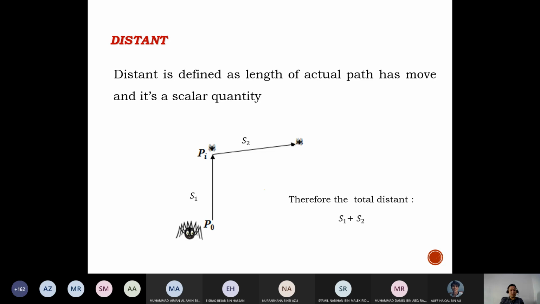A scalar quantity, as you know, does not have direction. You can go this way, that way, no matter, because it's distance. It's the length. Therefore, the total distance is S1 plus S2. You just add S1 and S2. So that is the distance. And the displacement is the move from one spot to another spot. Okay, boleh? Now we look at some examples.